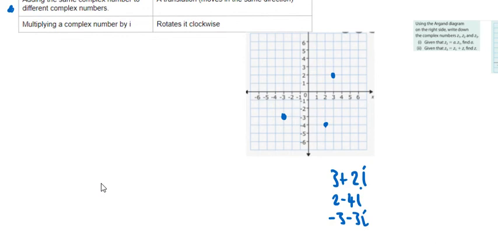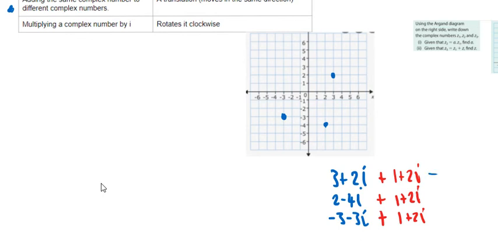There's a common trend if you add the same complex number to different complex numbers. I'm going to make up another complex number to add to each of these, nice and simple: 1 plus 2i. I'm going to add 1 plus 2i to the three of them. Remember, when you're adding two complex numbers together, you add the real parts together and then you add the imaginary parts together.